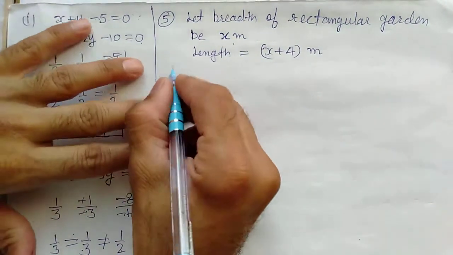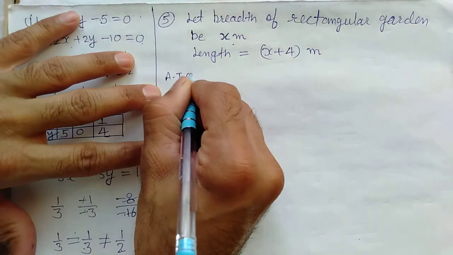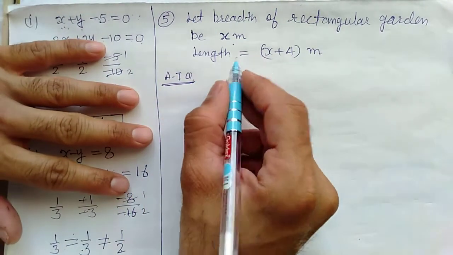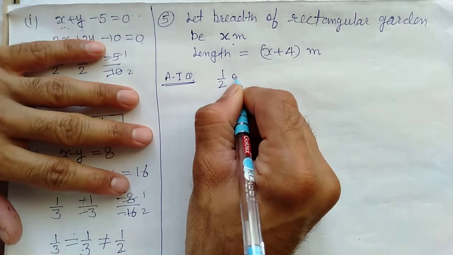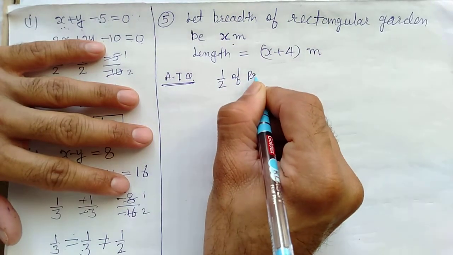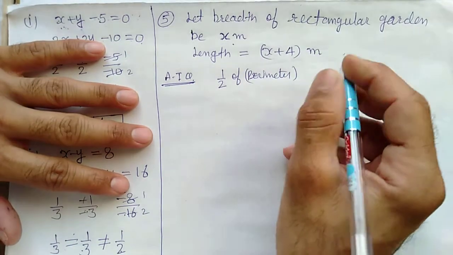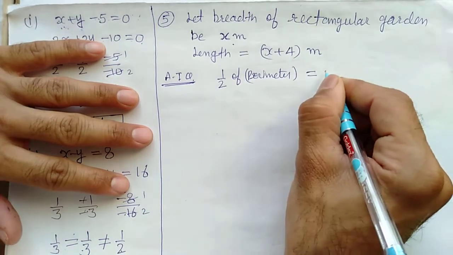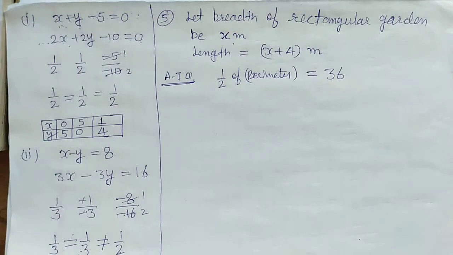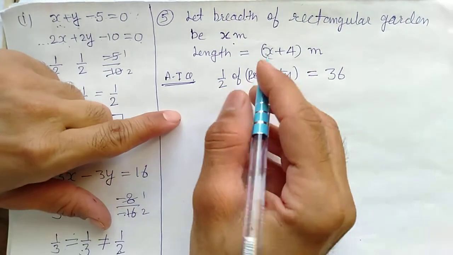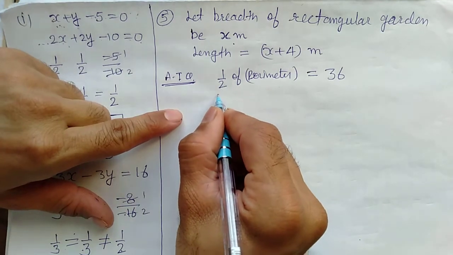According to the question, half of the perimeter is equal to 36. Half of the perimeter is 36. Now put the value. What is perimeter?